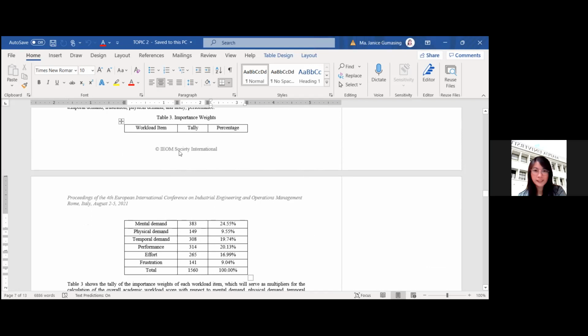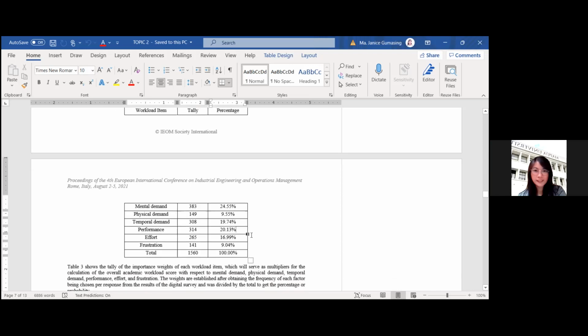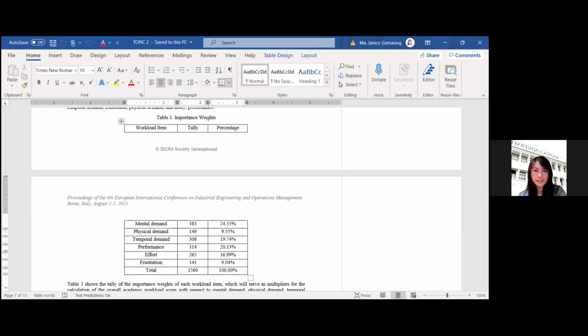Then we tallied them. Is it per person, the mental workload? Yes, per person. But when we computed the mental workload, it was based on the average weights, not the individual weights.